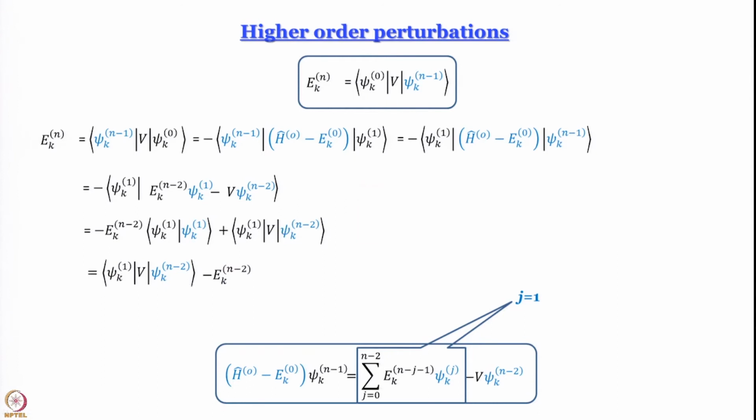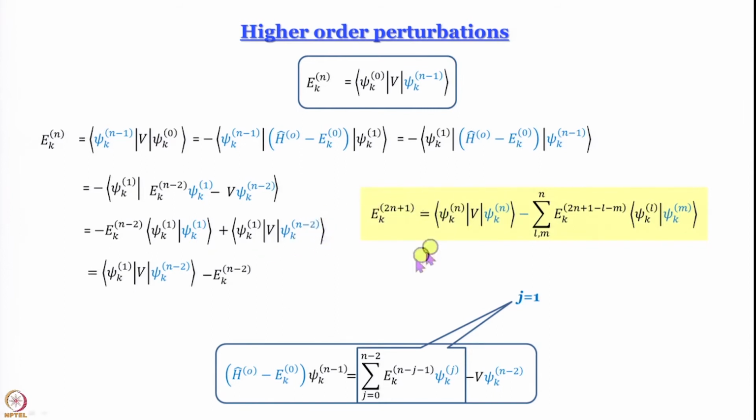So, what I have got here is that if you have the n minus 2th correction to the energy, then you can find out the nth correction to energy. In fact, it can be shown, it is not really worked out in Pillar's book, but the reference has been given where you can actually find out even the 2n plus 1th correction term to energy by using the wave functions of this L and M.